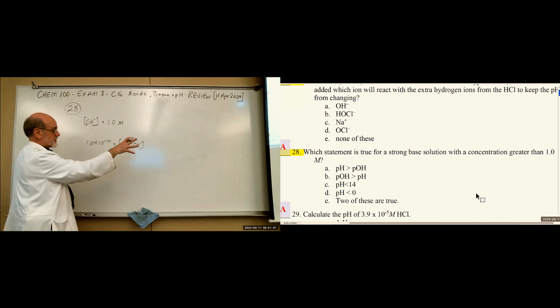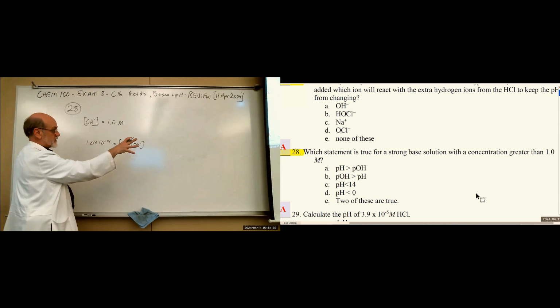And 10 to what power is 1? Anything to the 0 power is 1. So this would be 0, right? pOH is 0. How about pH? 10 to the minus 15, negative log of that. So it would be pH 15. So the pH is much, much larger than the pOH.